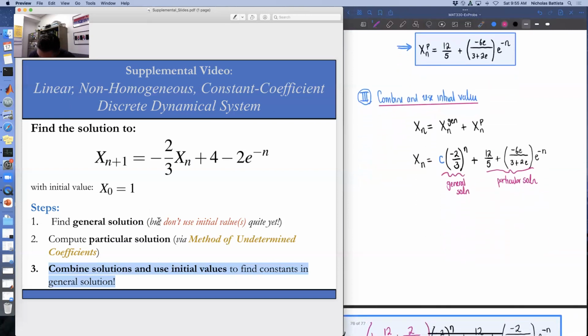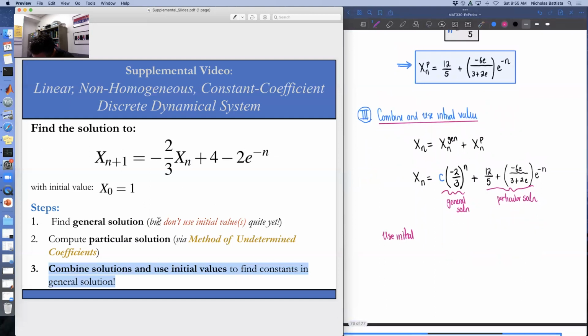Our initial data, or initial value, was the following: when n equals 0, we start off at 1. So we'll take our solution above and plug in n equals 0.